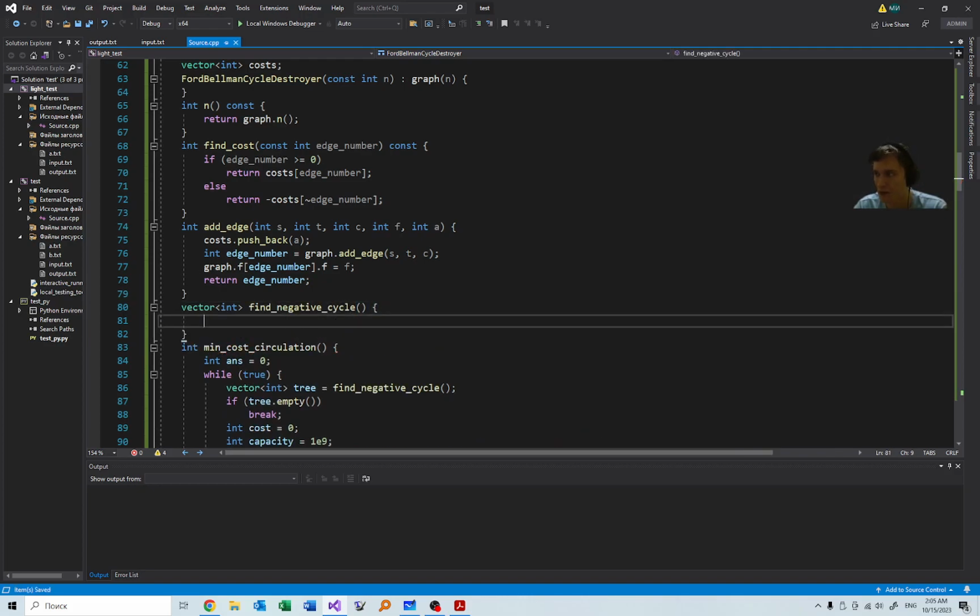Great. So how do we do it? For each vertex, we need to store its previous vertex, or like previous edge, I would say. Yeah, we need to store its previous edge.